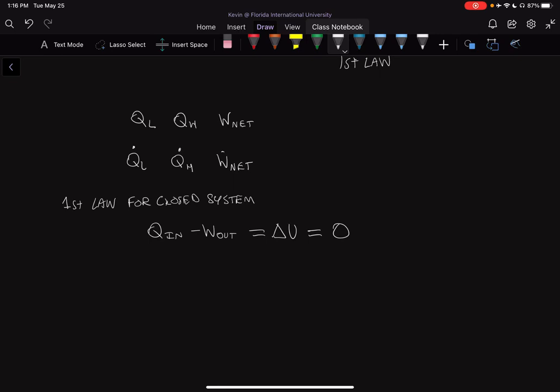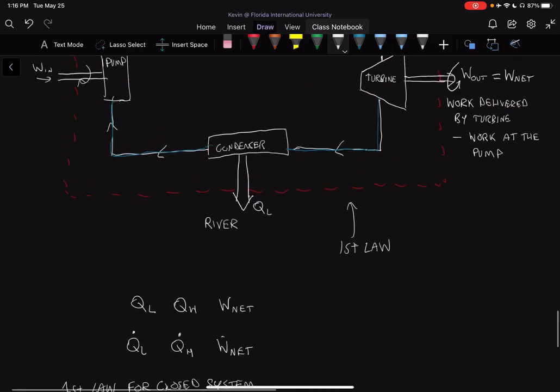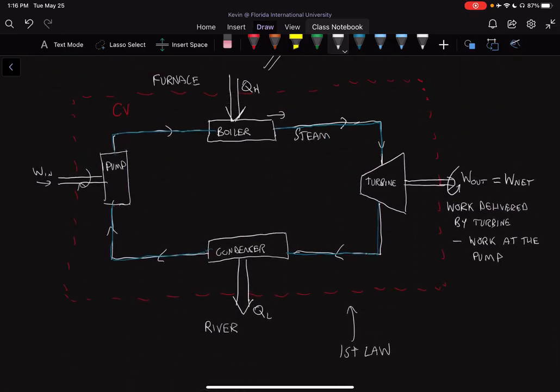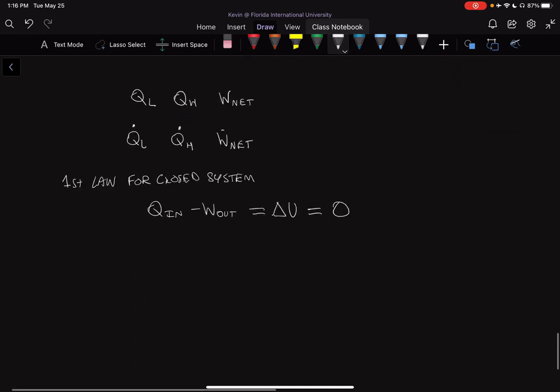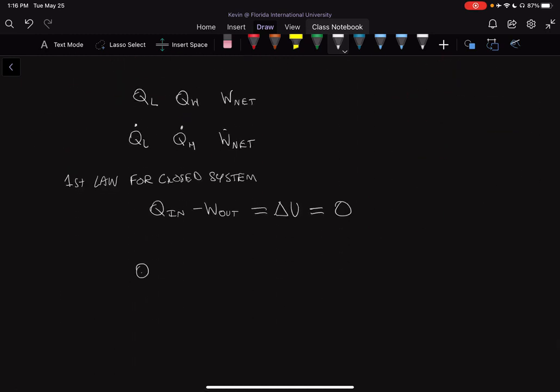And what that means is that we can rewrite this equation by looking at what Q's are coming out and in of our system itself. So we have QH coming in, QL coming out, and work coming out. So if we have Q in, we can say that QH is positive Q in, minus QL, because QL is going to be a negative since it's coming out of the system, minus our work net, which is going to be positive because it's work out.